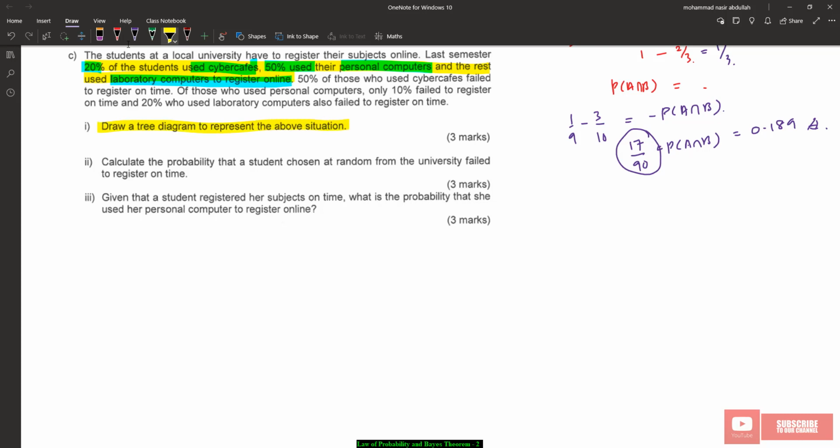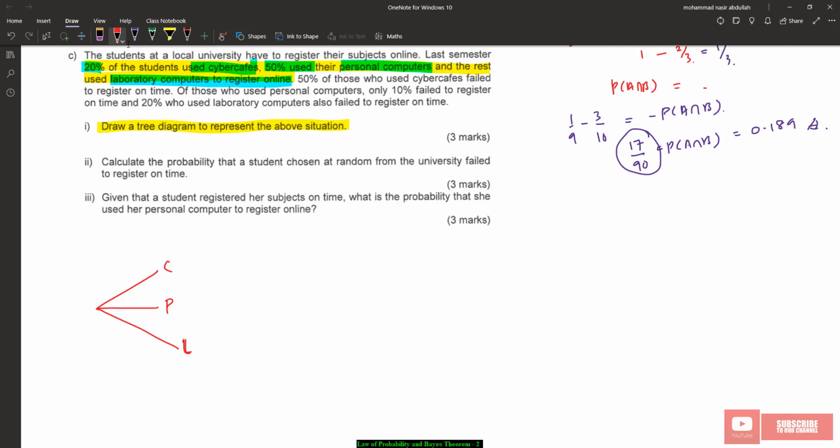Kalau dia tak suruh pun, you kena buat tree diagram. Kalau tak, you tak nampak the whole picture. Right? So you have three media that students use. First is cyber cafe, then personal computers, and the last one is laboratory.